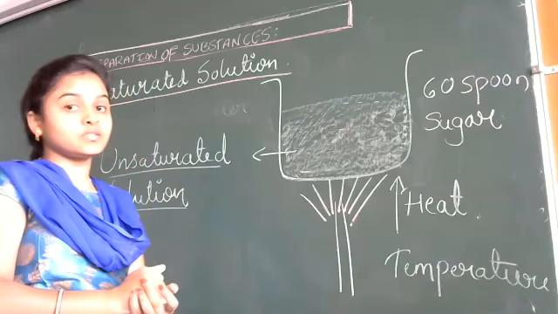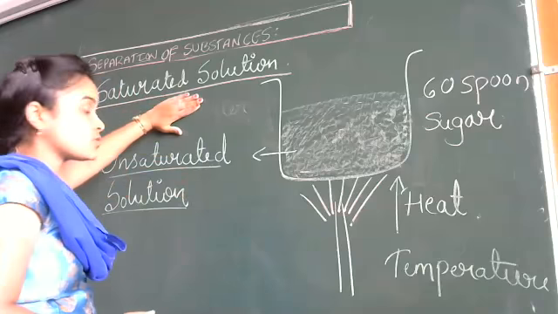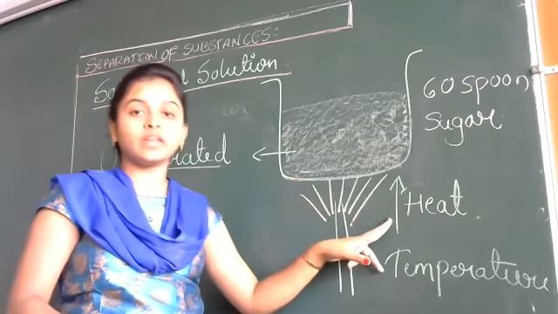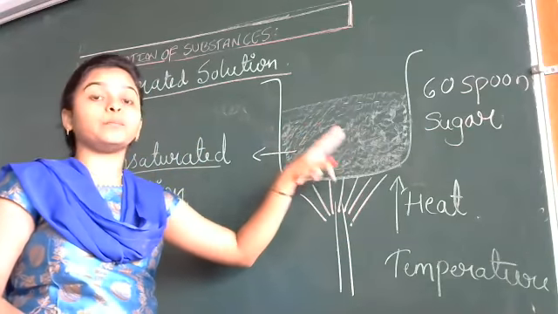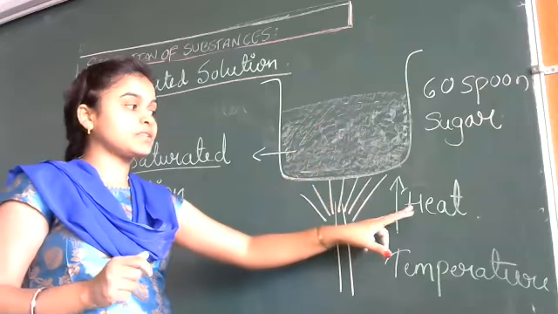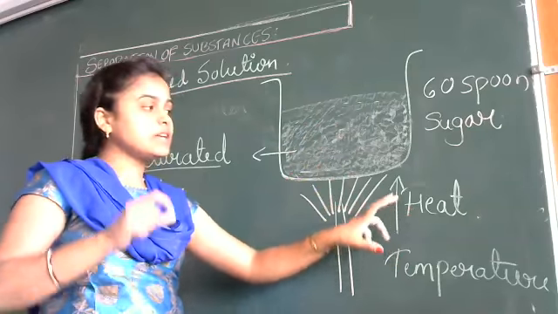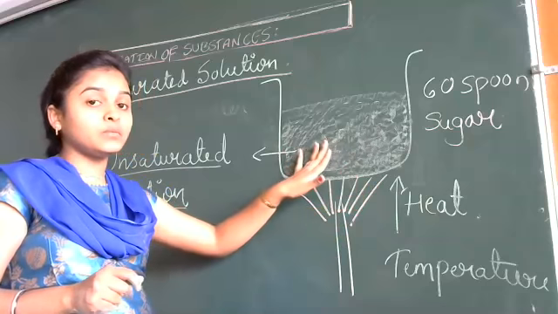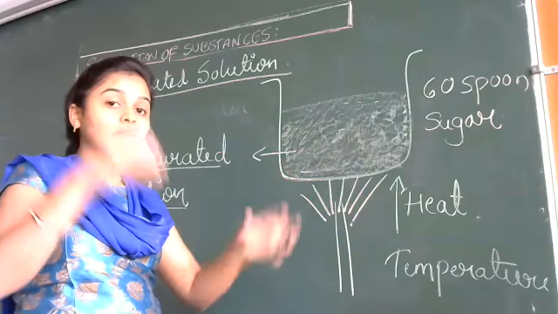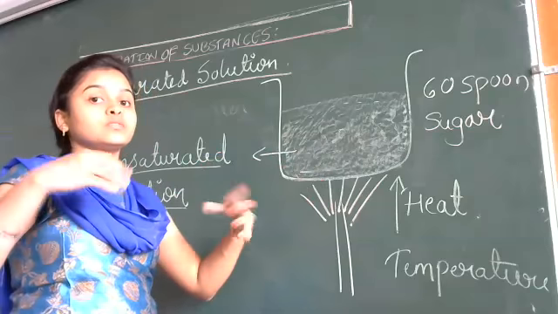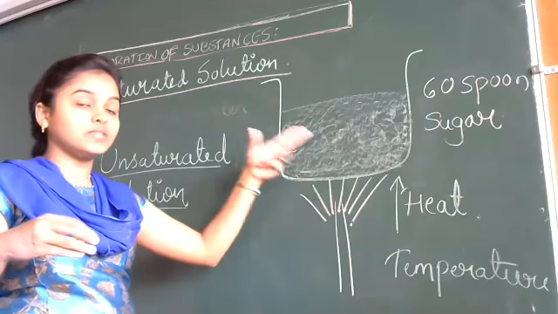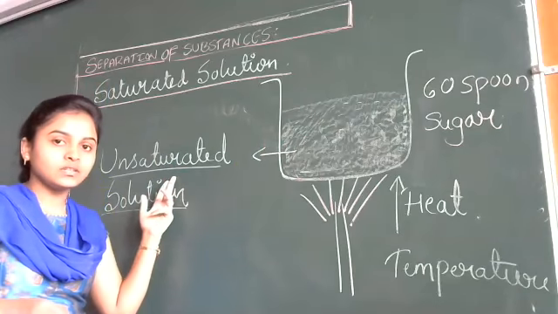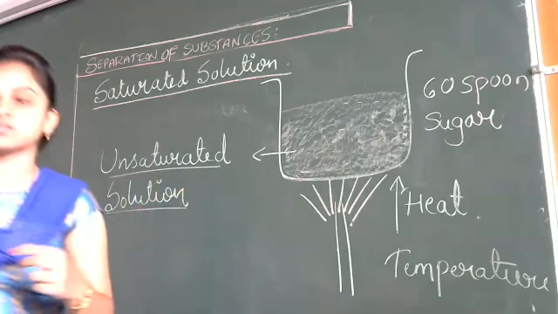When did it become unsaturated? We took a saturated solution and supplied some heat, which means we increased the temperature of the solution. As heat is supplied, the sugar particles present in more amount will completely dissolve, so the solution we get after this is an unsaturated solution. Understood? Saturated solution and unsaturated solution.